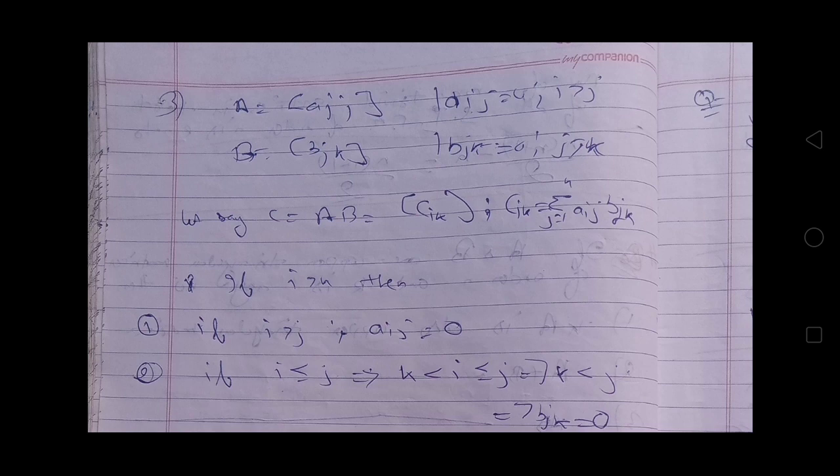Now the second case says if i is less than or equal to j, which implies that k is less than i, less than or equal to j, which implies that k is less than j, which implies that Bjk is equal to 0. Which means the ik-th element of C, Cik, will become summation over j from 1 to n of Aij into 0, which will be equal to 0.